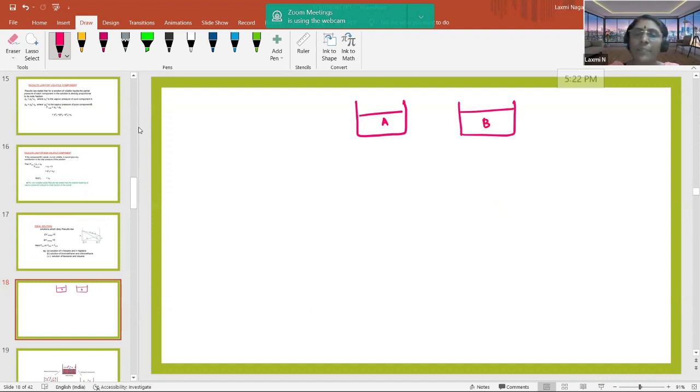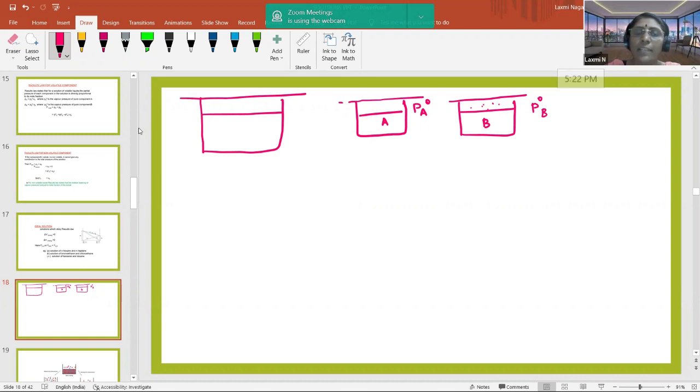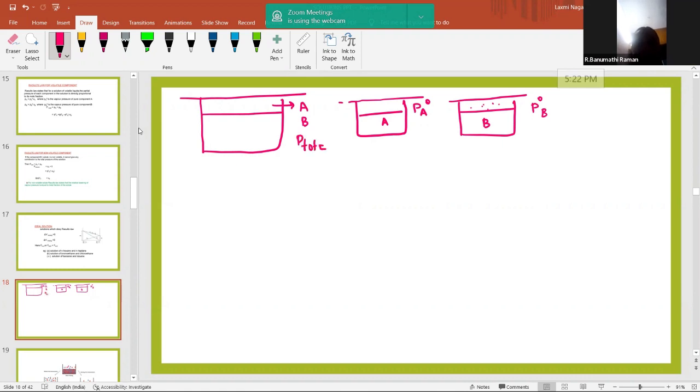If this is kept closed, then the pressure created by this at equilibrium is called P naught A. The pressure created by the molecules of B will be called P naught B. Supposing I mix these two and keep it closed, at equilibrium there will be a pressure due to component A, a pressure due to component B, and there will be a P total. P total is PA plus PB.